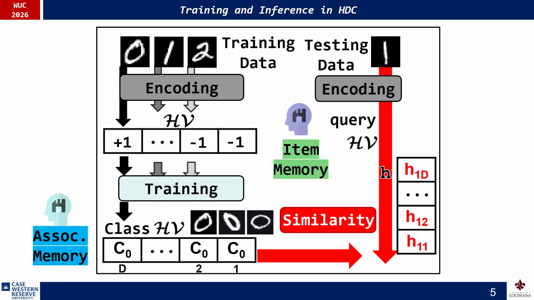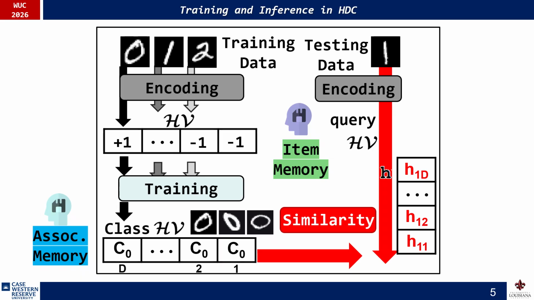These class hypervectors make up my associative memory. When I use this already learned model for inference, the input, which is called item memory, will be encoded in the same way. Let's assume I have testing data from class 1. I use the same encoding steps, including the generation, and I have a query hypervector, shown here as lowercase h in red color.